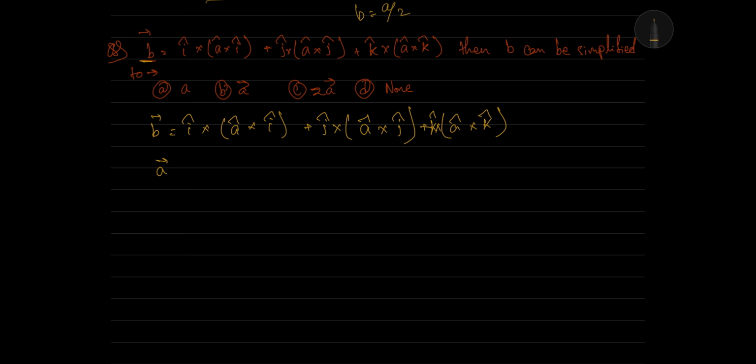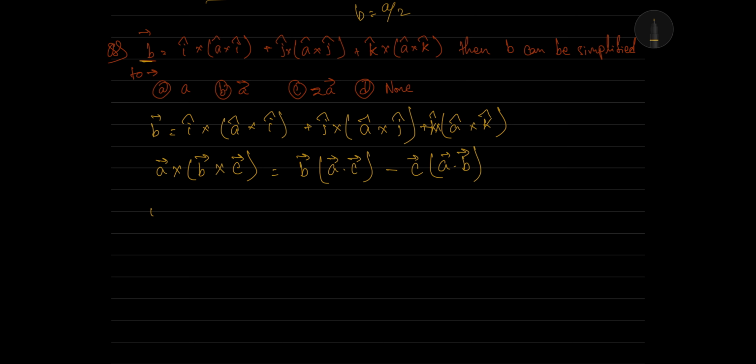So from the rule of the vector triple product, we know it will be b into a dot c minus c into a dot b.